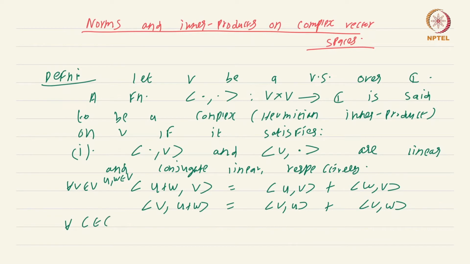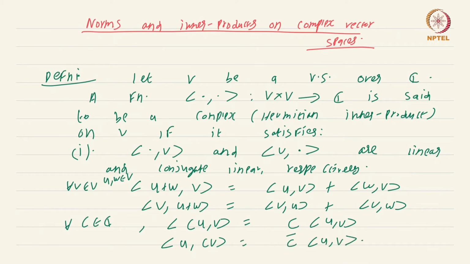And we also have for all c in the complex numbers, (cu, v) is c times (u, v), again as expected. And the twist, this conjugate linearity twist, comes in this portion. When you write (u, cv), you actually get c conjugate times (u, v).